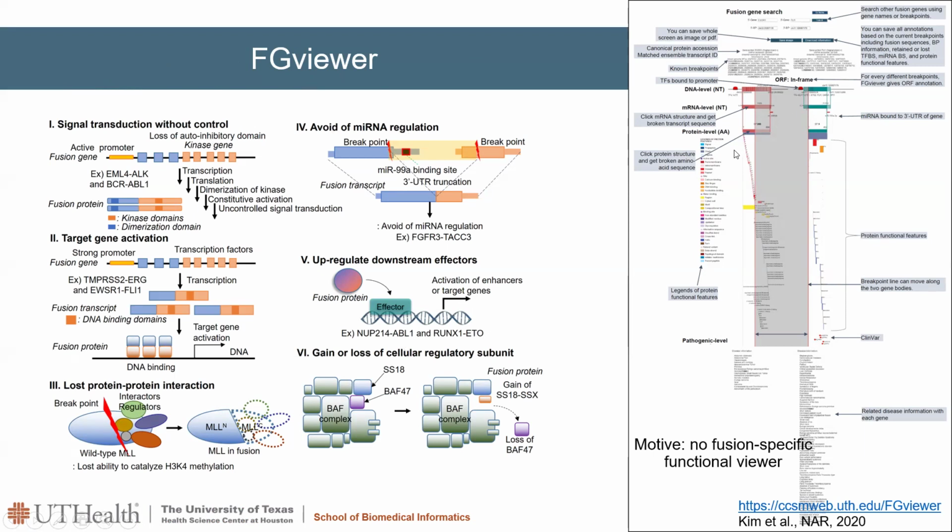So I developed this. It shows a fusion gene, two genes, at the DNA level, mRNA level, and protein level. These are the 39 protein functional features provided from UniProt. When we move this red line to the breakpoints, we can infer what kind of functional features will be retained or deleted.